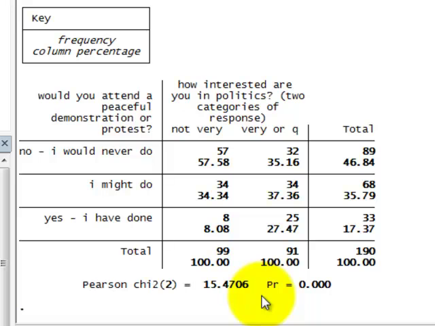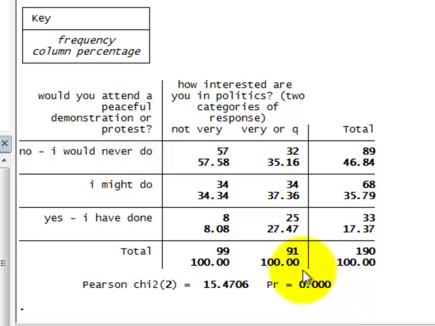The p-value associated with that chi-square value is very, very small. This means that we can reject our null hypothesis. Our null hypothesis for these types of chi-square tests is that there is no relationship in the population. So if we reject that null hypothesis, we're saying there is some evidence that there's a relationship in the population between our two variables.